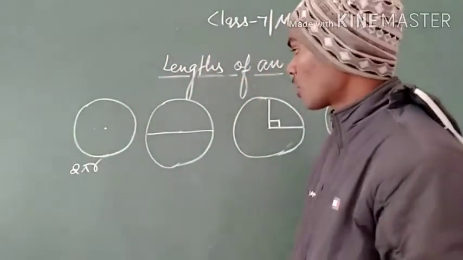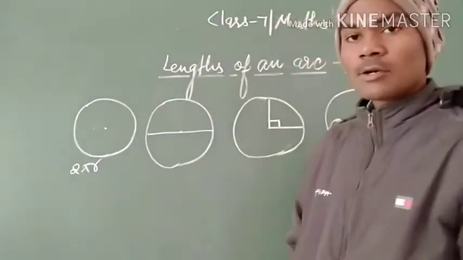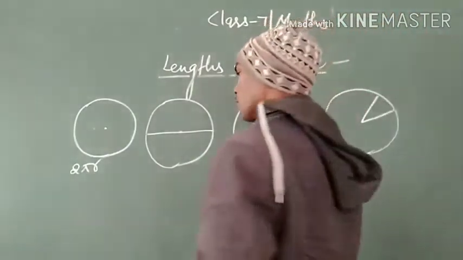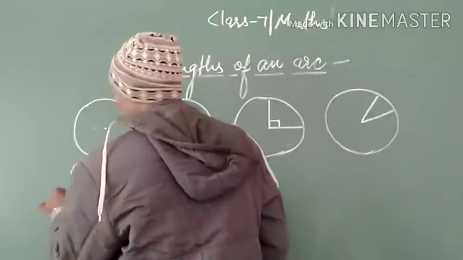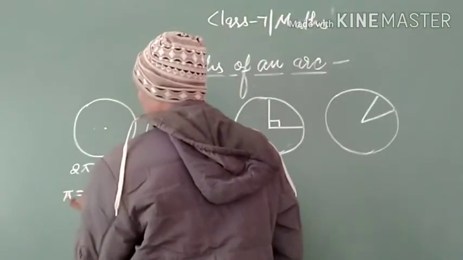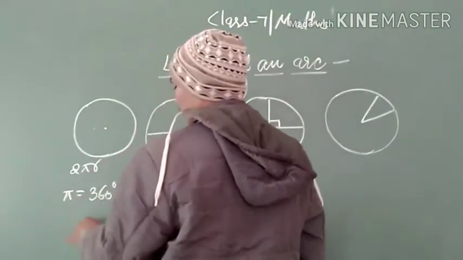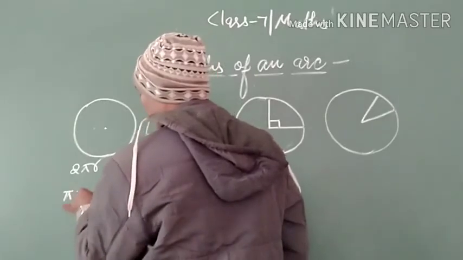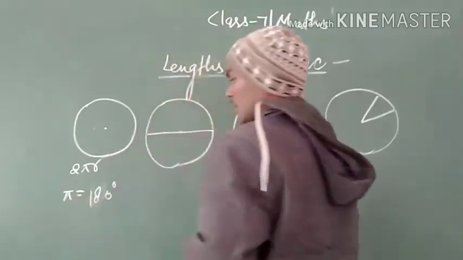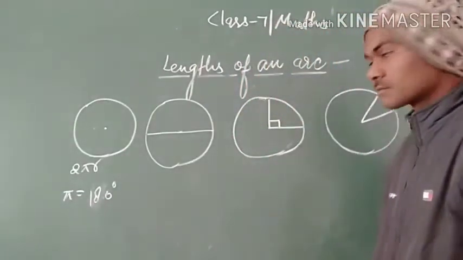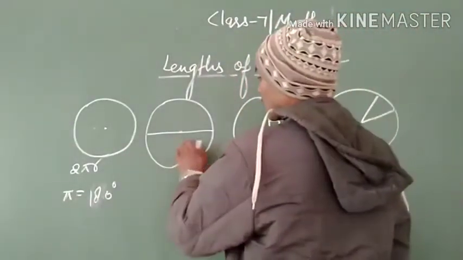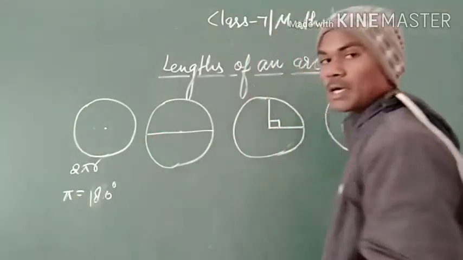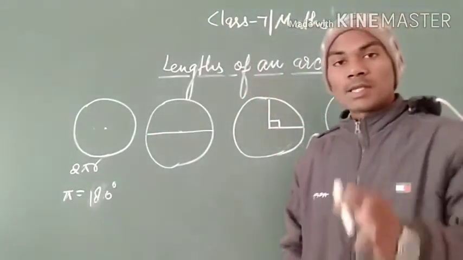The length of the circumference is 2 pi r, and here we take pi as 180 degrees, and 2 pi will make it 360 degrees. But here we can see that the circle is divided into two semicircles.